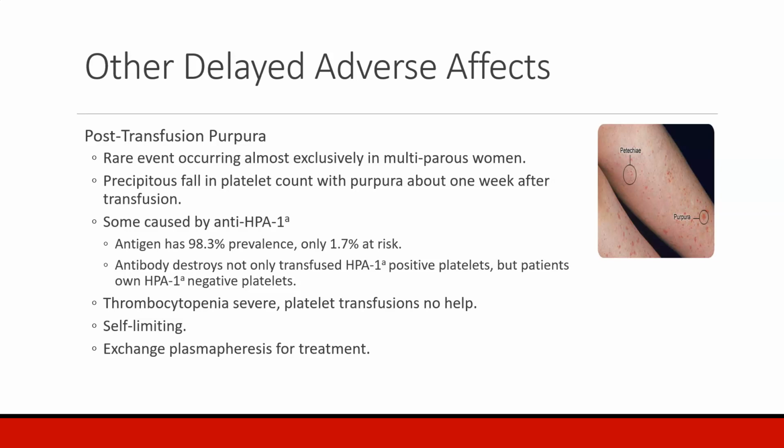So they're throwing the antibody away, decreasing the amount of antibody, and then you can replace it also with regular donor plasma. So that's called an exchange plasmapheresis. And unfortunately, there can be a rebound where the antibody titer does not only come back, but comes back higher. So it may need to be repeated.